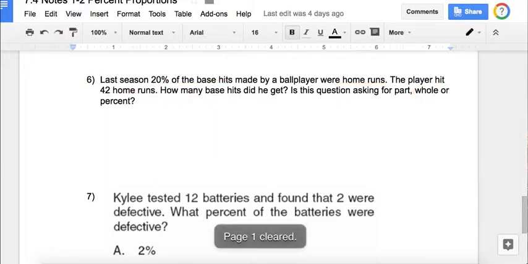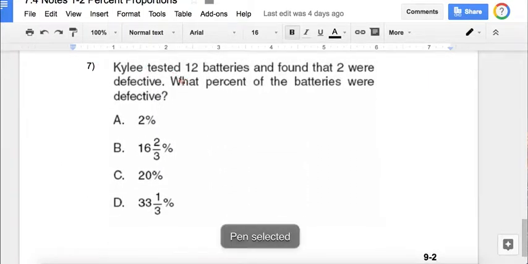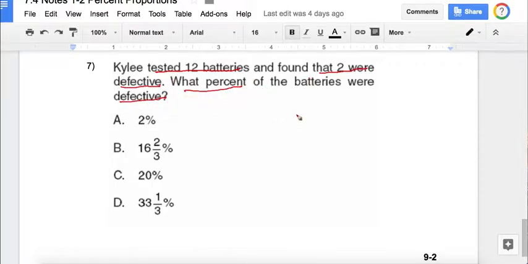Okay, our last problem of the day. Kylie tested 12 batteries and found that 2 were defective. What percent of the batteries were defective? Okay, so we're looking for what here? That's correct.